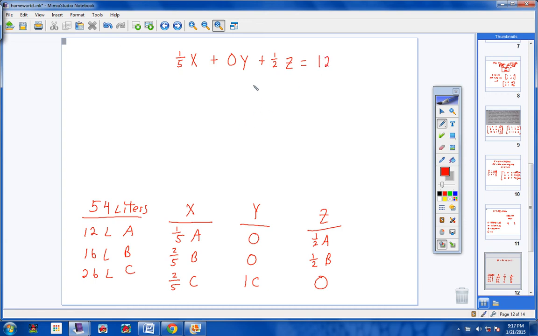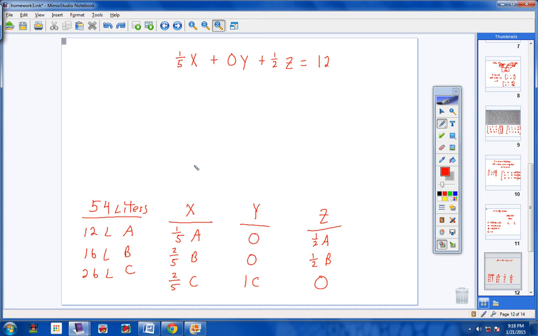Let's stop and think that through. X is my amount of liters, Y is my amount of liters, and Z is my amount of liters. So I'm taking 1/5 of it, 0 of it, 1/2 of it, and when that's all added up, I'll have 12 liters coming out of getting chemical A out of all 3.